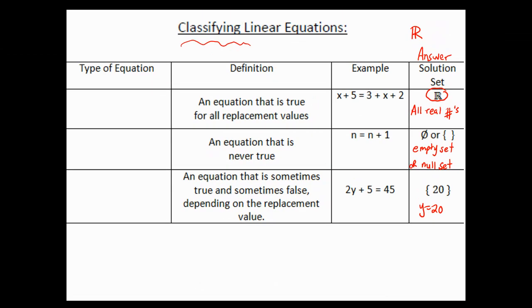Okay, so we're going to go over here and we're going to classify. So these are the answers that we're going to get when we do work. And over here, the type of equation is going to be the actual word that we're going to classify with. So the first word we need there is, when you have all real numbers, you have an identity.